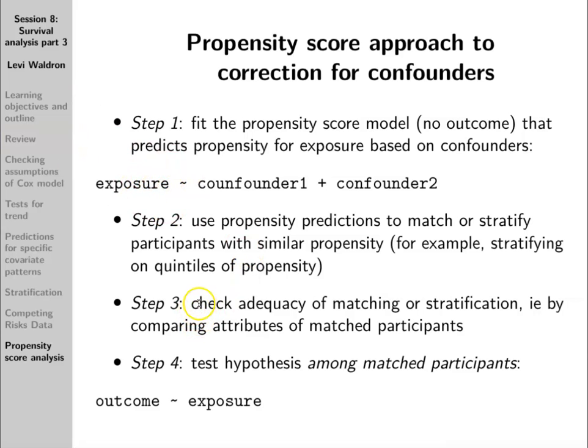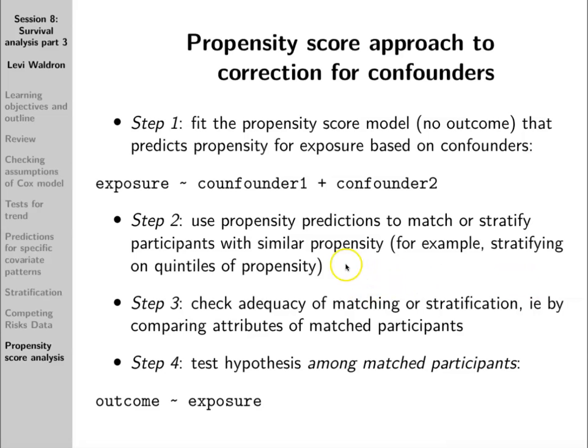In your third step, you would check the adequacy of this matching or stratification. So you're somehow using the propensity scores to group together similar participants, those that have similar probability of being exposed.